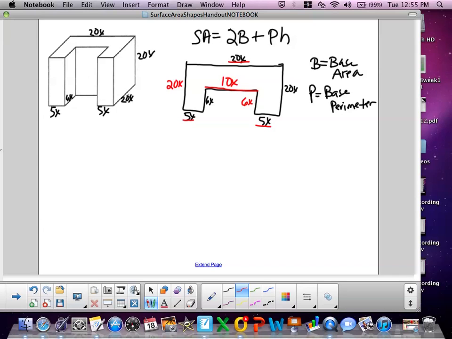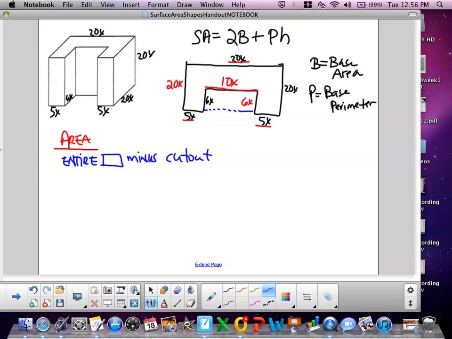Let's calculate the area of the base. And you have options for doing this. One choice would be to calculate the area of the entire rectangular region and then subtract out the little portion. So I could do the entire rectangle minus the cutout.